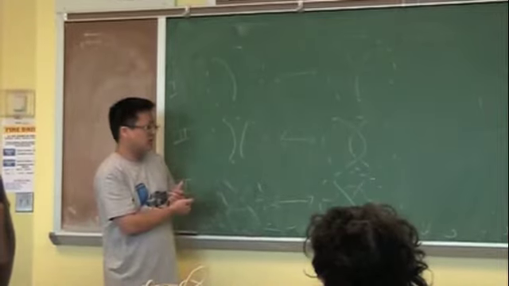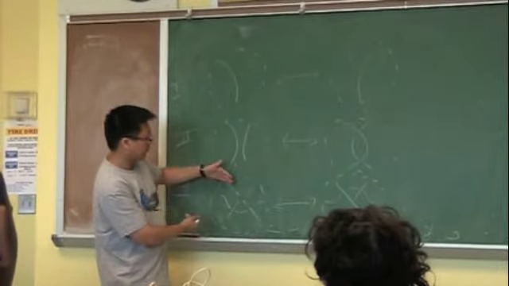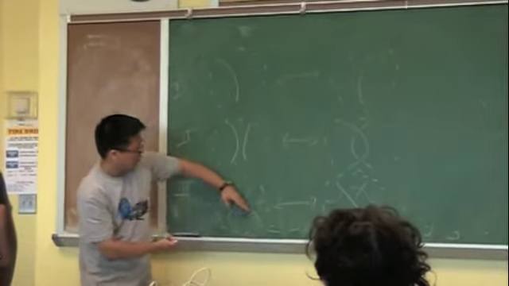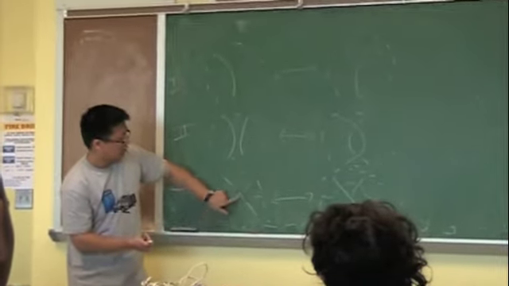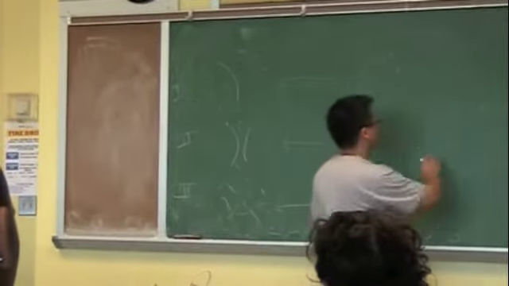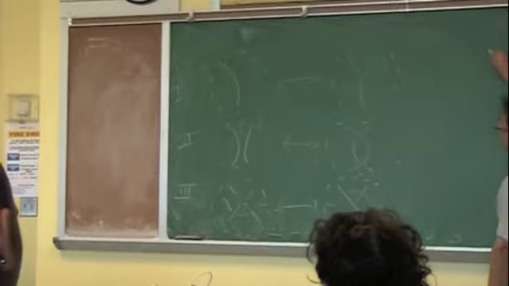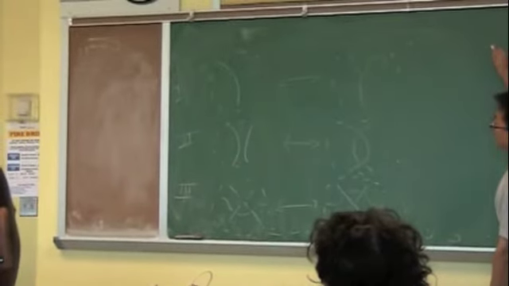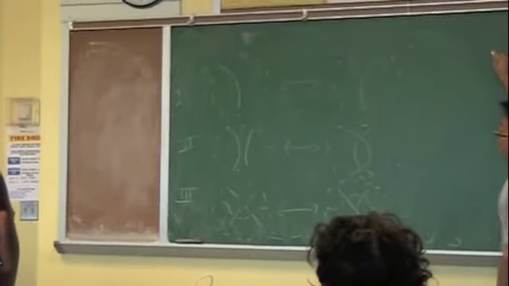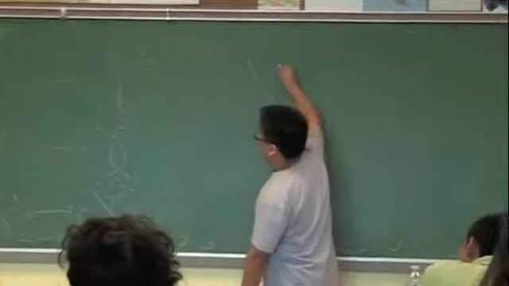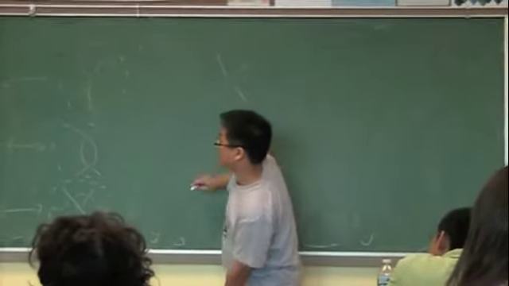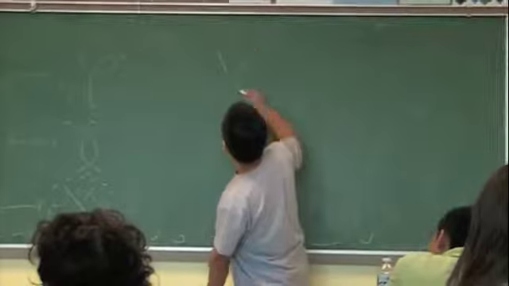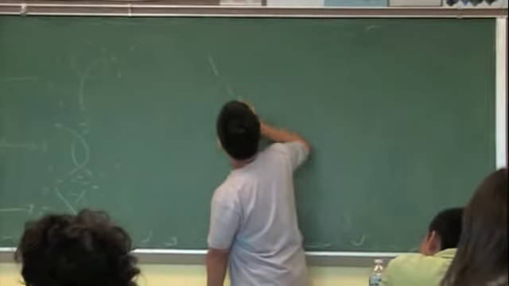So maybe think about it, but my point here is that this move, once you allow some planar isotopy, looks like you're moving this strand over these 2 crossings. So maybe I'll draw a little picture here to indicate what I'm talking about. Maybe I'll redraw that picture. Right, you can think of it as, let's see, something like this.